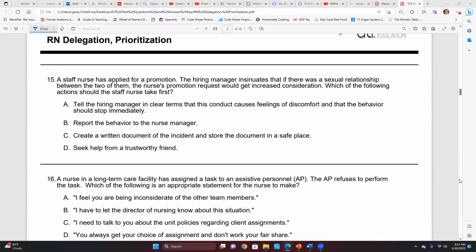Tell the hiring manager the terms of conduct, discomfort behavior, stop immediately. I think that should be A. Yes, A is correct.